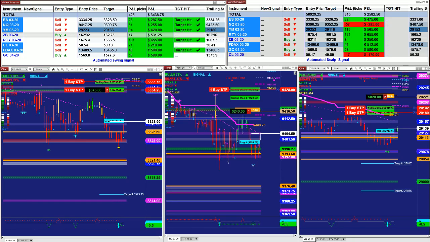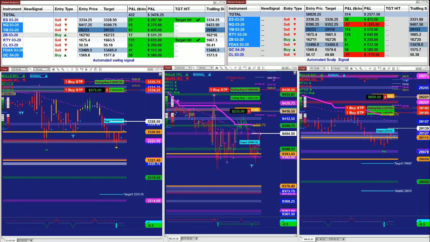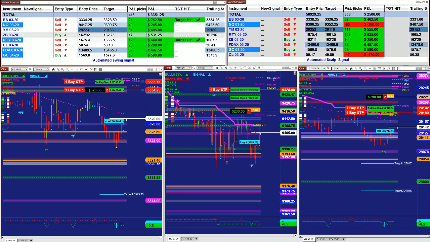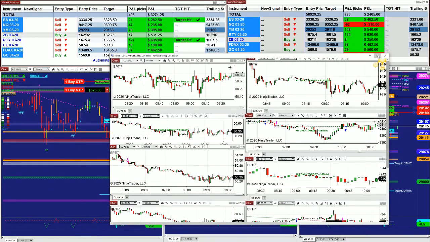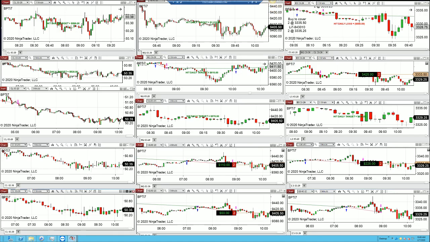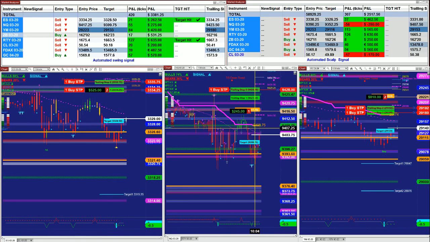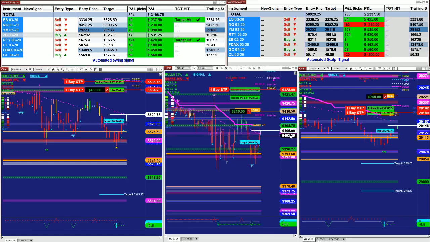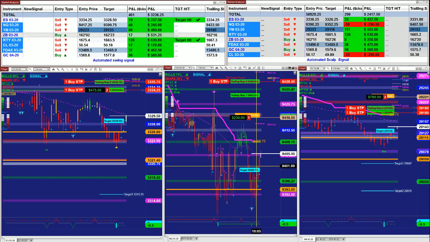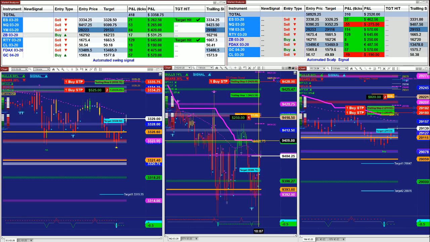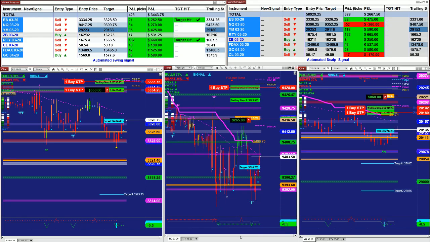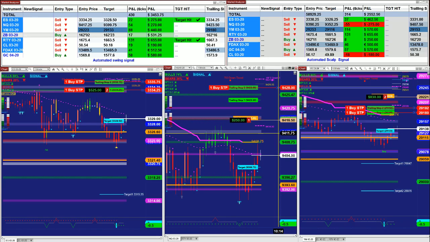Okay, let's see. This is a short. If we look on the NASDAQ, when the NASDAQ pulls back, these numbers you see on the chart, those are a re-entry. As you see where the re-entry is, I don't know if you can see that number, but the system also gives you the re-entry.